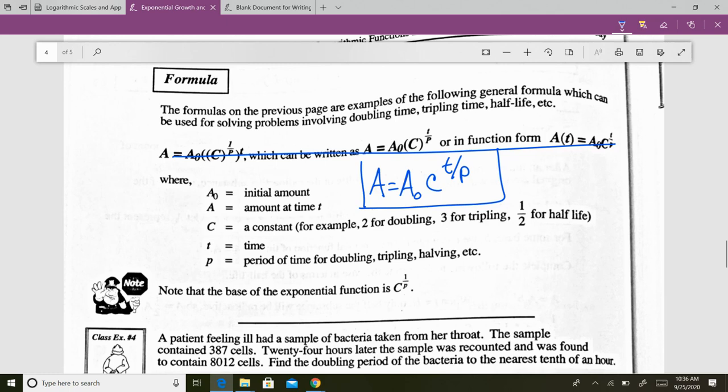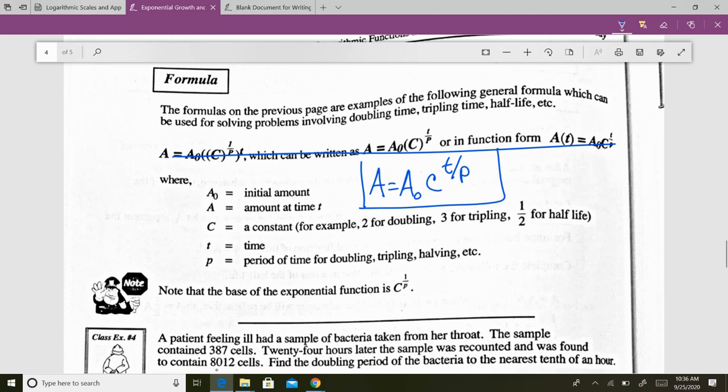P, now this is, people mess these two up. T is the time it takes to run the experiment. P is the time it takes to double, or the half-life, or whatever. So if I say it has a half-life of 5 minutes, P is 5 minutes. Okay?